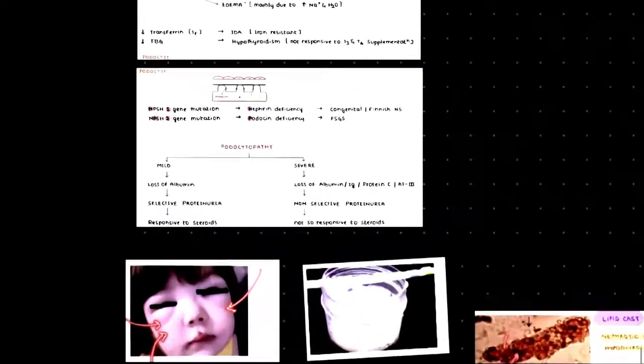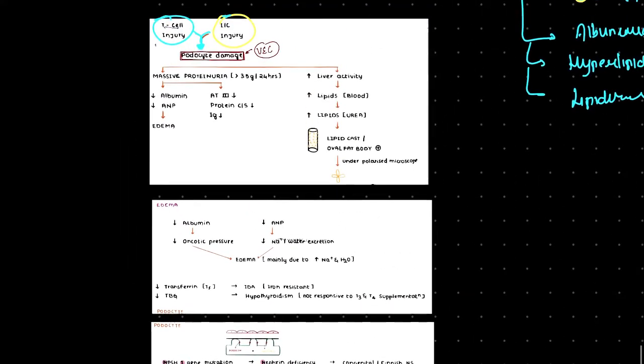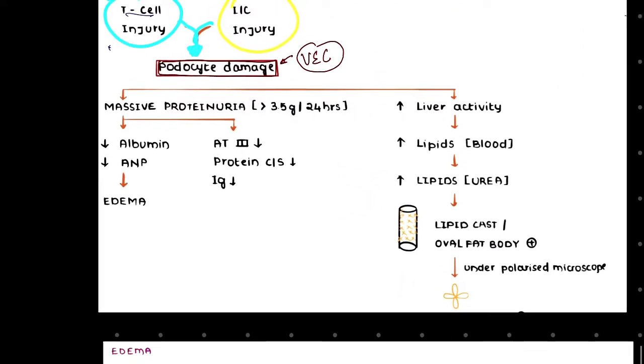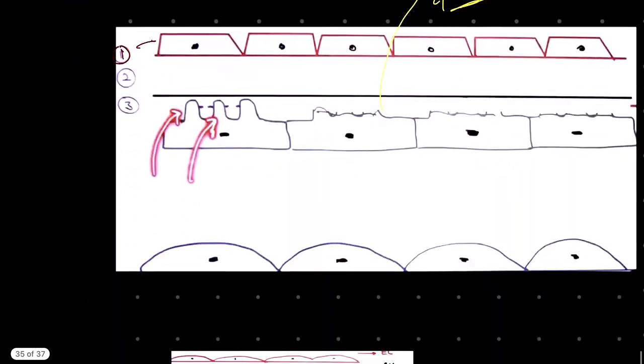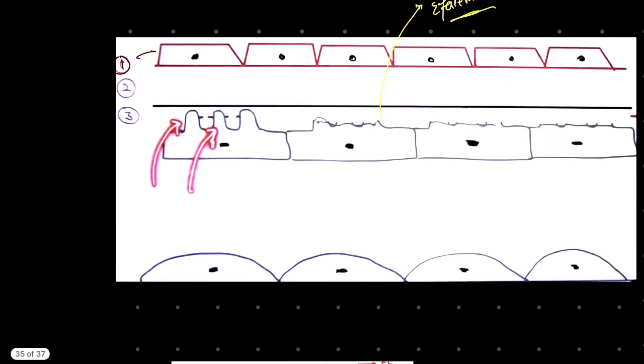Now let us get back to our discussion. As we have said, there will be podocyte damage. As the podocyte is damaged, there will be massive proteinuria. Why massive proteinuria? Again, I would like to take you toward this diagram. These are podocytes. They contain negatively charged ions.